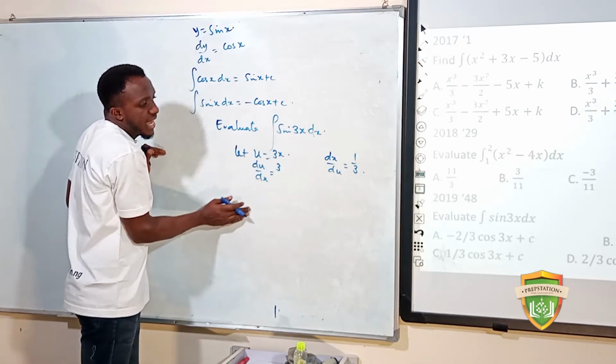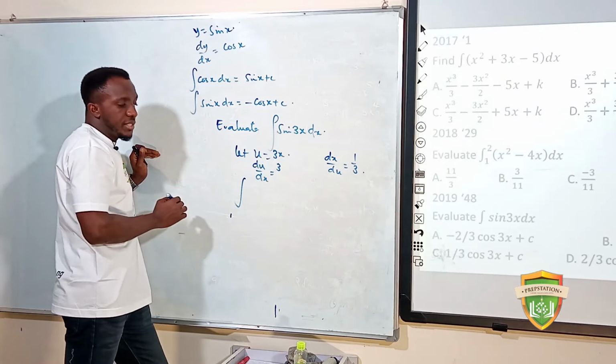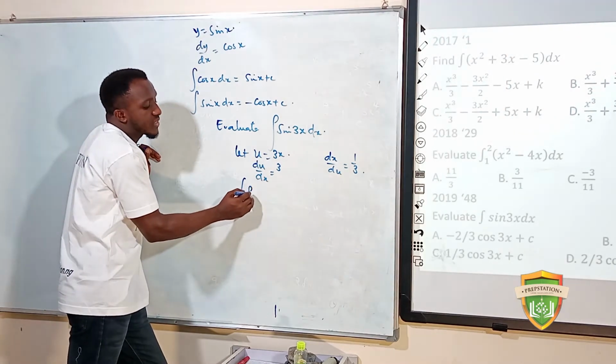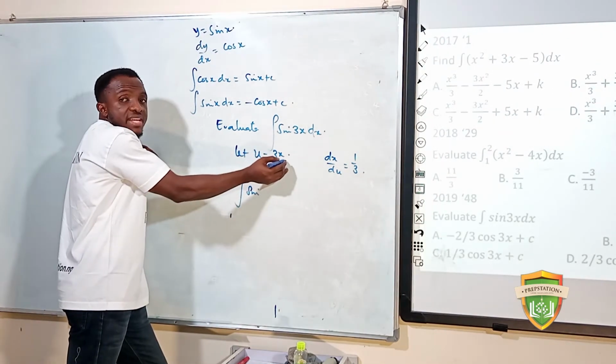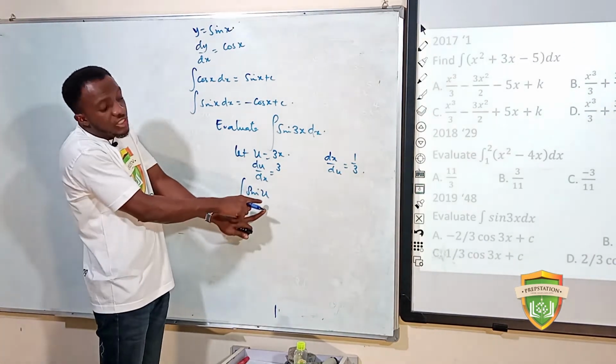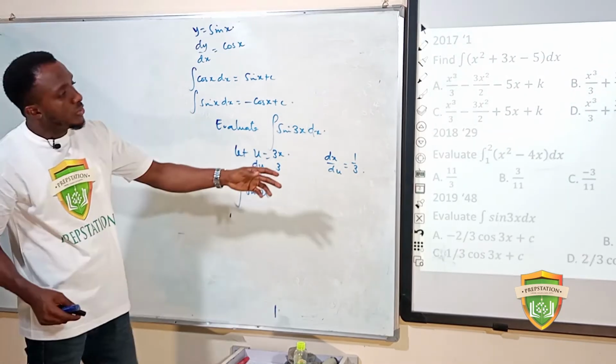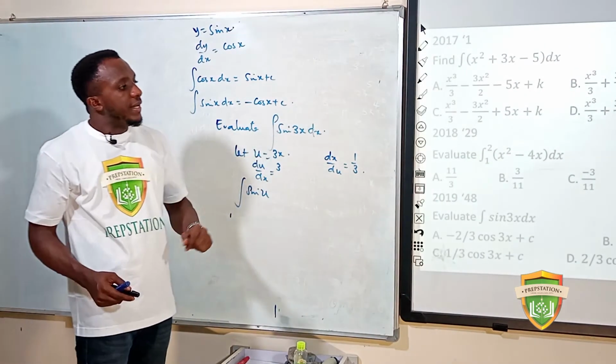So go back to this integral. The integral of sine. We have said that 3x is u, so sine u. If we have sine u, we have to integrate this function with respect to u. So let's attempt to solve this question.